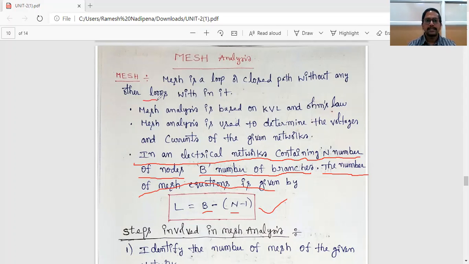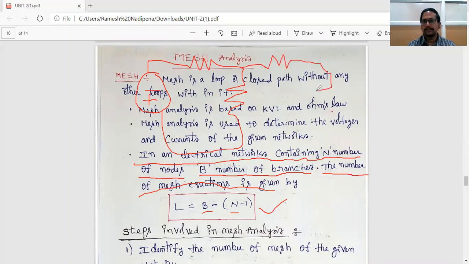I'll explain this point through a circuit diagram. Let us consider a simple circuit. Plus minus, here a resistor, one more resistor, close the circuit, take another resistor, one more resistor, now close the circuit.